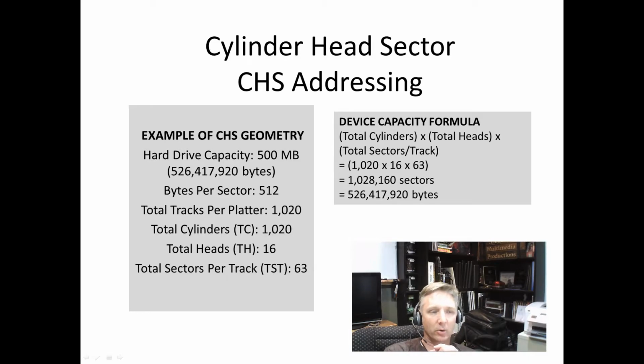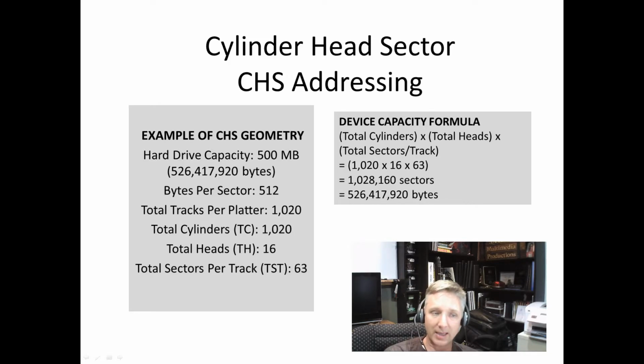In reality, that's 526,417,920 bytes, under the schema of 512 bytes per sector. The total number of tracks per platter is just over 1,000, 1,020 tracks per platter. So when I was talking earlier about the concentric circles on the platter, this disk has 1,020 of those concentric rings per platter.